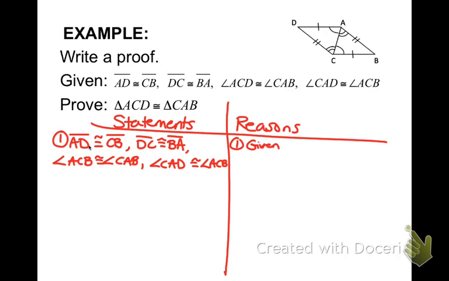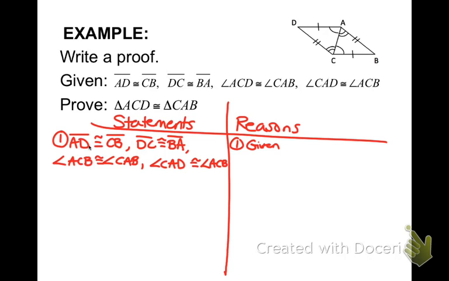So angle ACD would match up with what? CAB. Now I'm going to reorder. Angle CDA would match up with ABC. And angle DAC would match up with BCA.